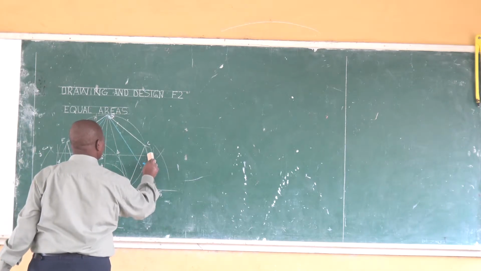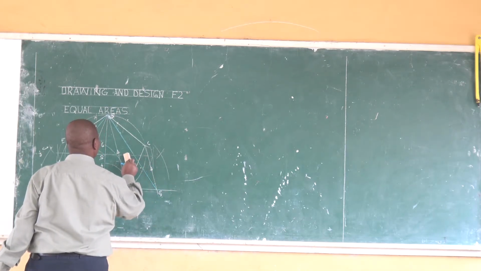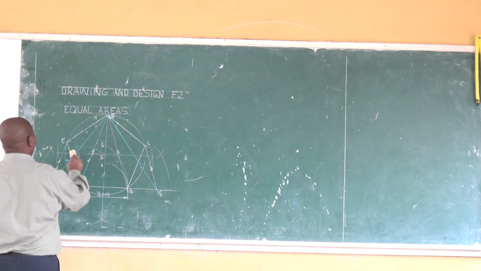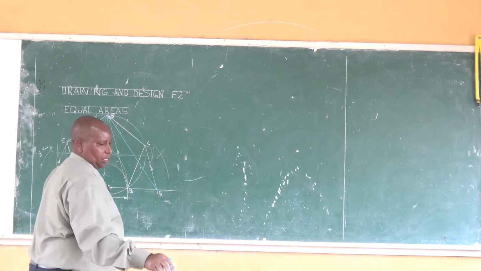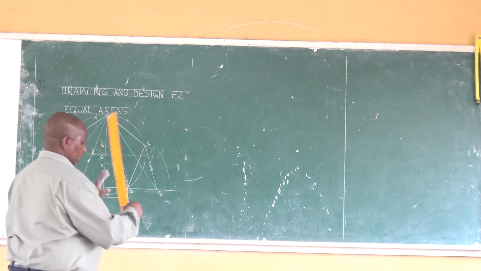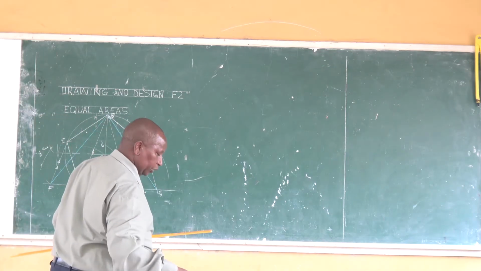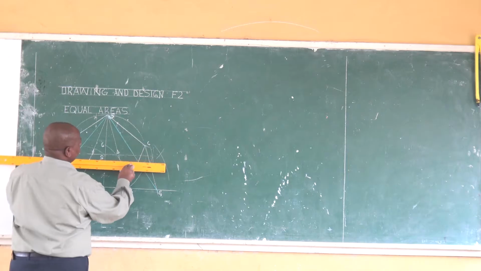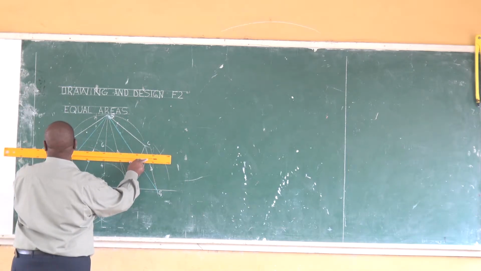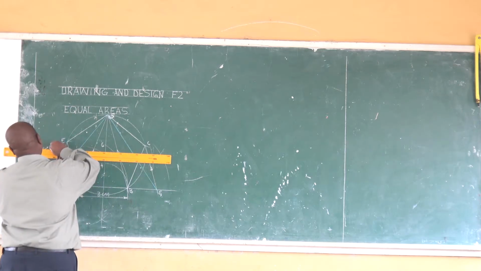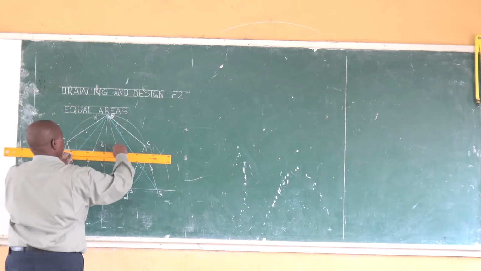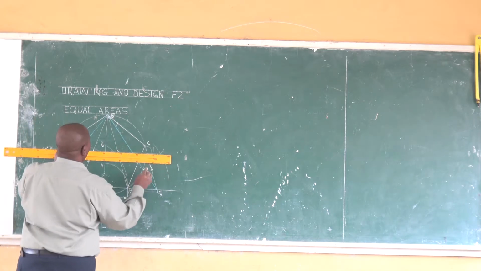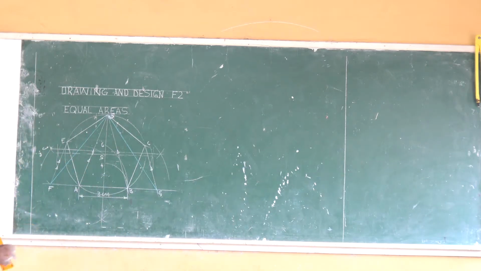Remember that other initial line there was made for the purposes of establishing 5. So ensure that your line work is of top-notch quality so that you don't lose yourself in a quagmire of lines in your construction. So draw a line that bisects the altitude of the triangle there.